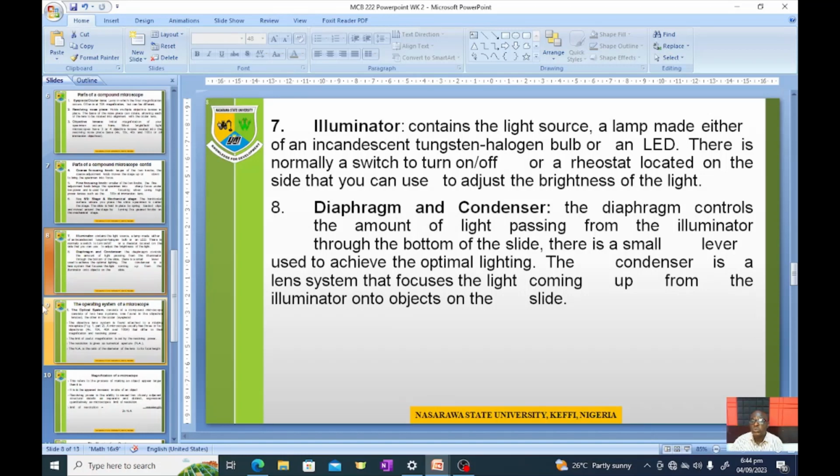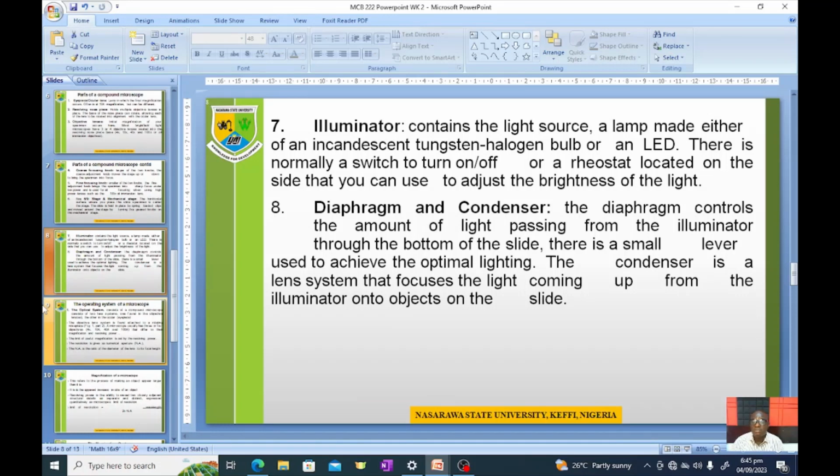Some microscopes also are made with a rheostat, which is located on the side so that you can use it to adjust the brightness of the light. If the light is too much, you adjust it to lower it. If it is not so bright, you open it the more to give more light, because the brighter, the clearer the object and image so formed is viewed.